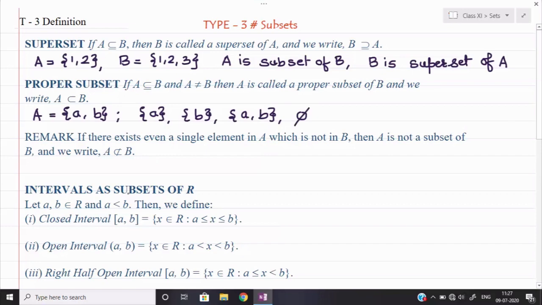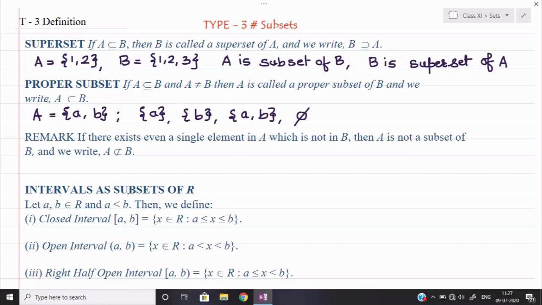First of all, I will try to make the pairs with the given elements, since only 2 elements are given. So initially I can take a single element. If I form the pair, it will become the full set, and finally the empty set will come because every empty set is a subset of the given set.